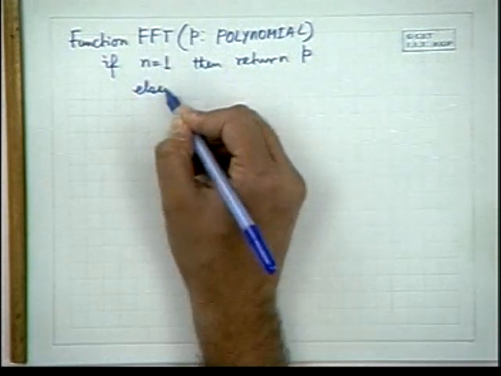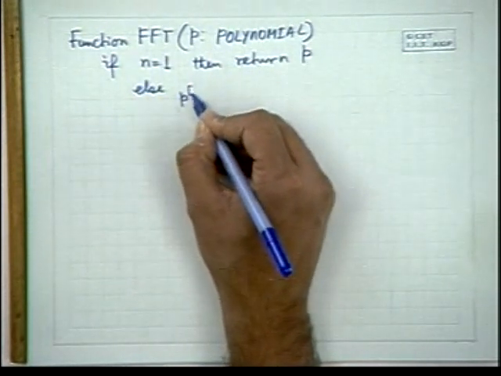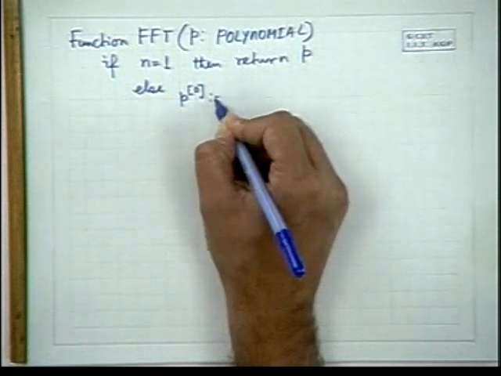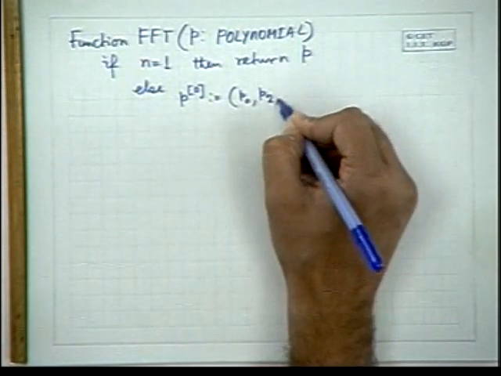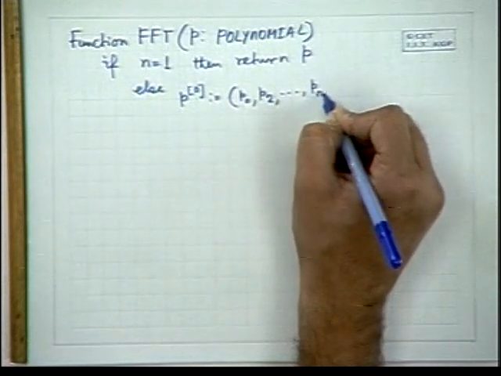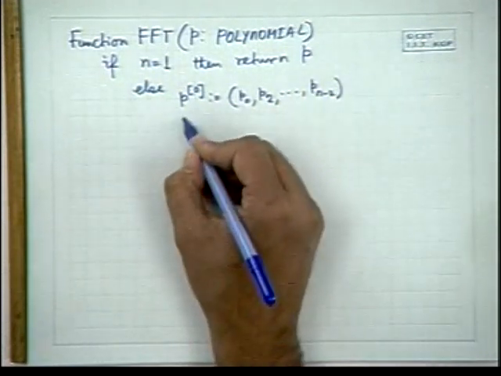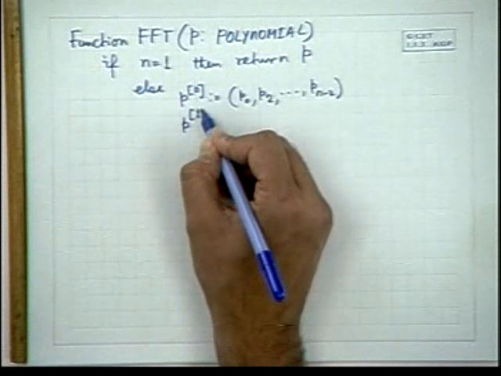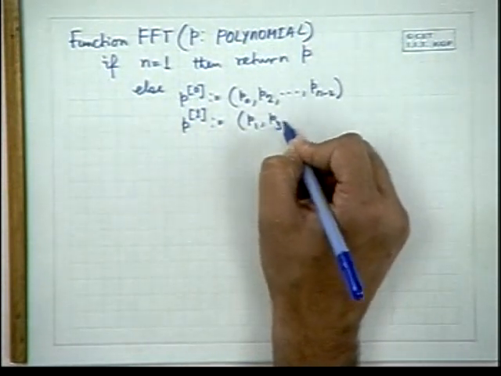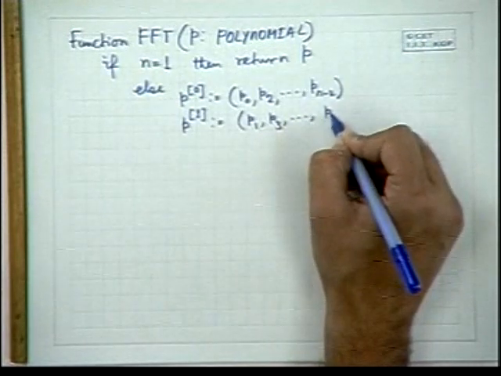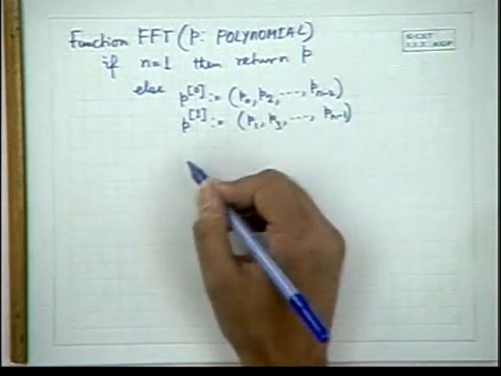Else, P0 is equal to P0, P2, up to Pn minus 2, then P1 is the other part, P1, P3, up to Pn minus 1. So you split it into two parts.